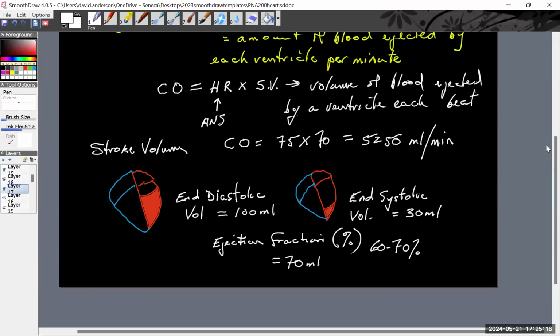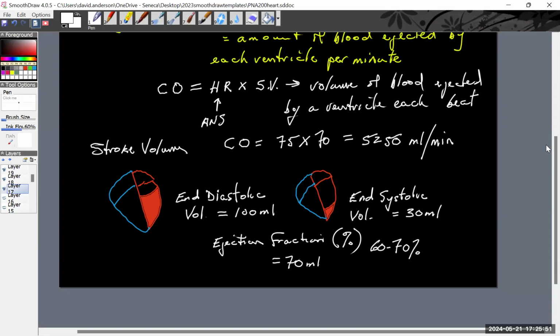So your ejection fraction would still probably be 70%, but it would be a higher number than 70 milliliters because we started at 120. 70% of 120, let's say, is going to be 80 milliliters. So stroke volume goes up, not so much the ejection fraction, but the overall volume will definitely go up with exercise. Does that make sense? You okay with that? Yes, sir.